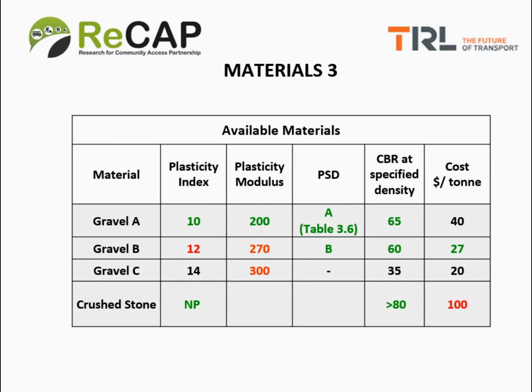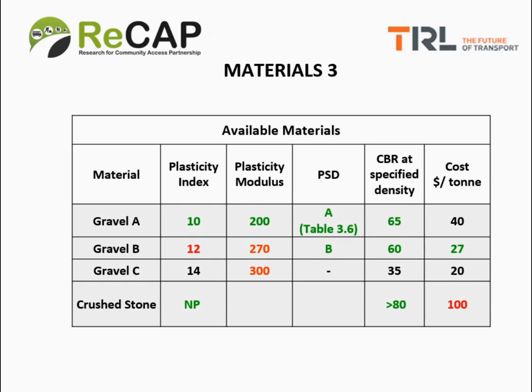Gravel B does not meet the specification for road base. The plasticity index is slightly too high. The plasticity modulus is too high. The grading is grading B, which is not good enough for this road. And as you can see, the CBR is right on the cusp between one class and another, 60%.